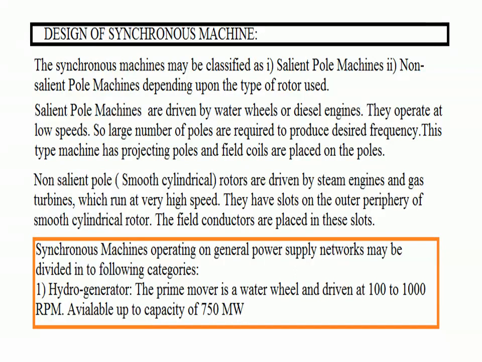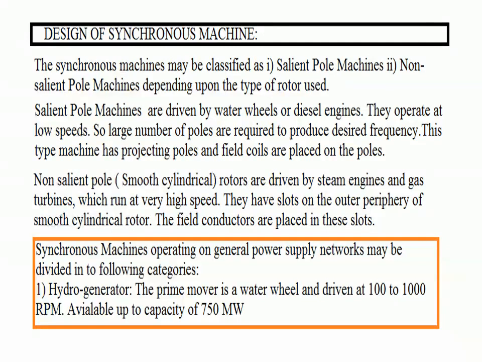These are connected with water wheels or diesel engines. Poles are fixed to the rotor, mechanically weak construction. Generally, these are useful for low speeds, approximately around 400 rpm.